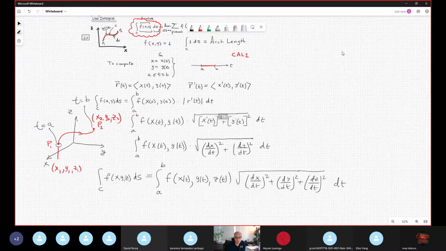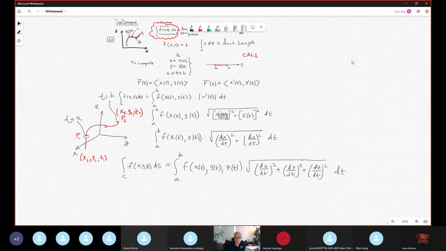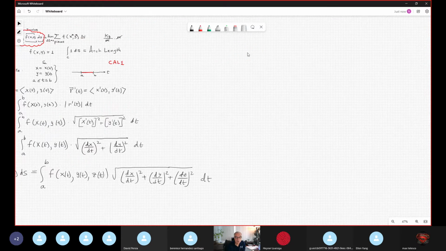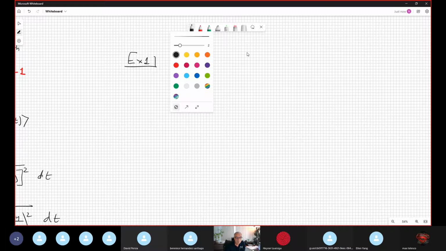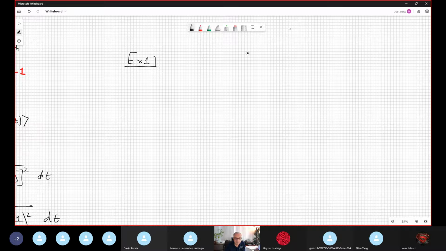Look, example 1. Let me try to zoom. Example 1 says: let's compute this integral over the curve C of y ds.